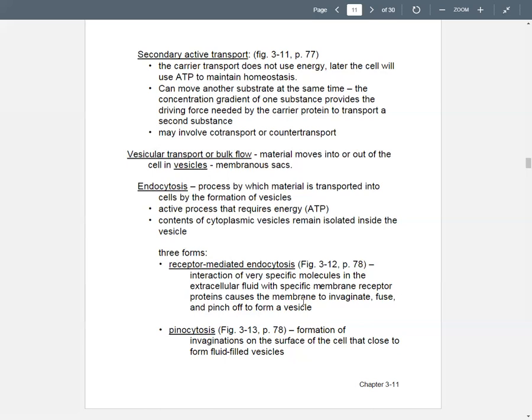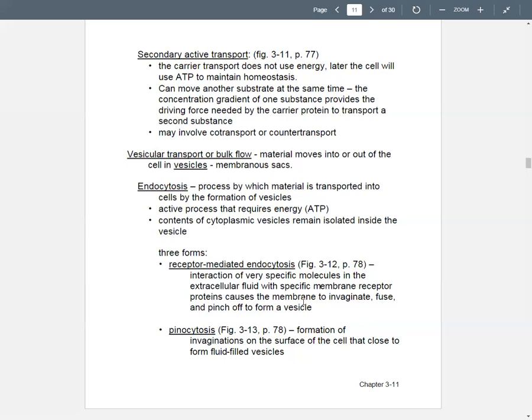All right, vesicular transport, a form of bulk flow. You're moving materials in and out of the cell through vesicles. They're basically spheres made up of essentially the same material your cell membrane is made up of. We'll learn more about that when we talk about parts of the cell.